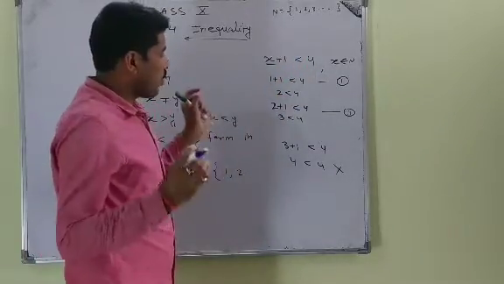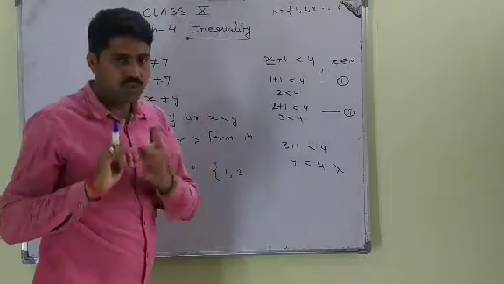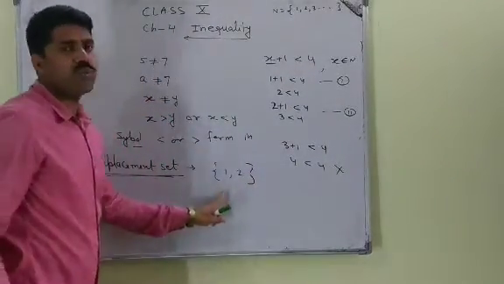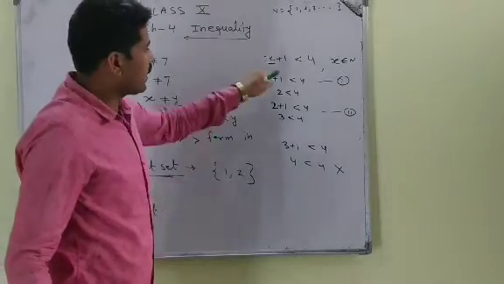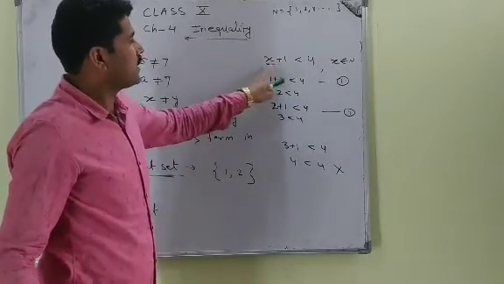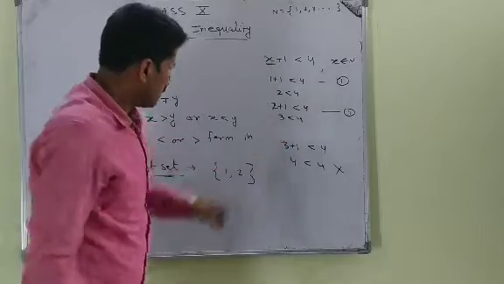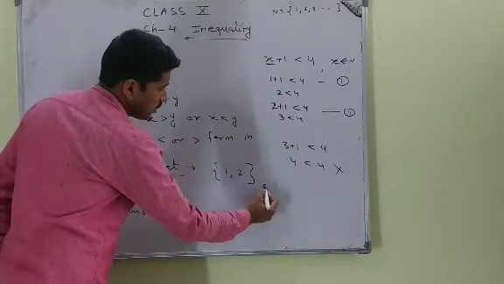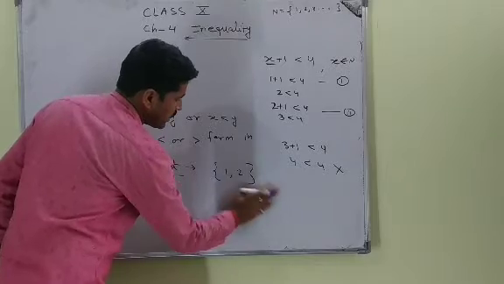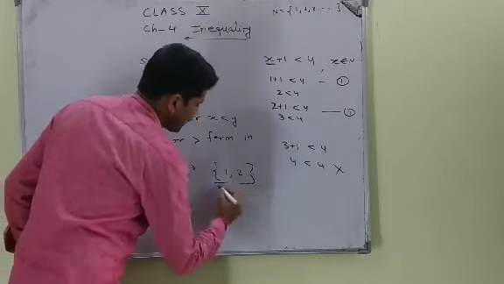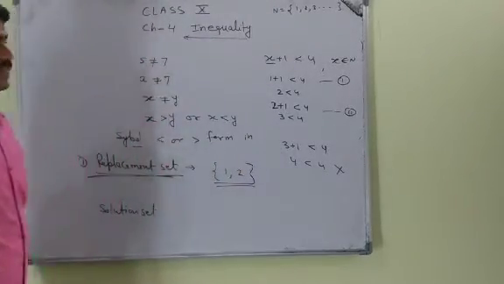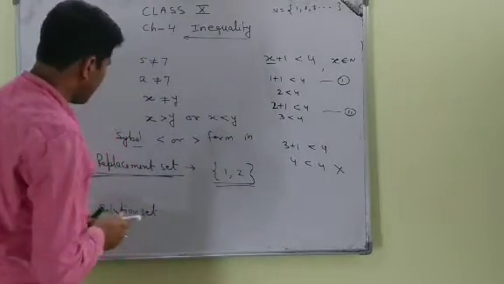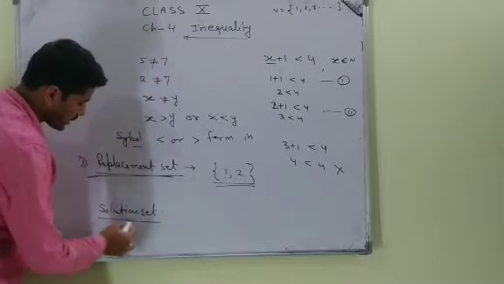Then what is the solution set? Here, very simply, only two values can replace the x in this inequality. So this is the solution set, and this is the replacement set.